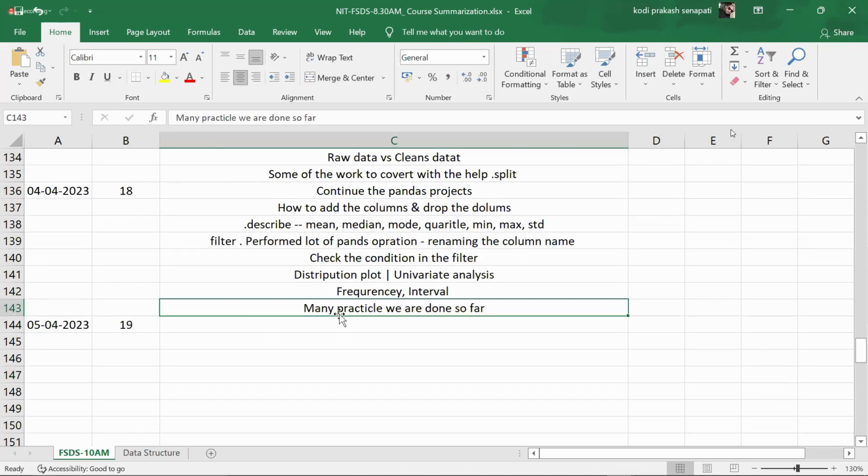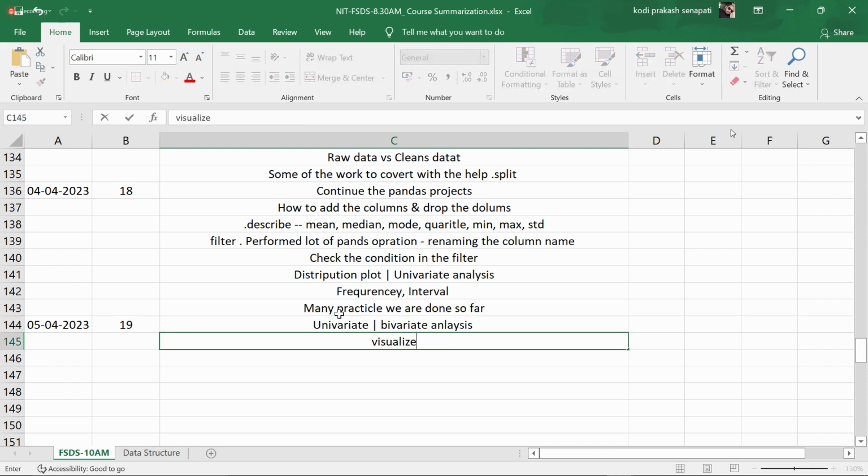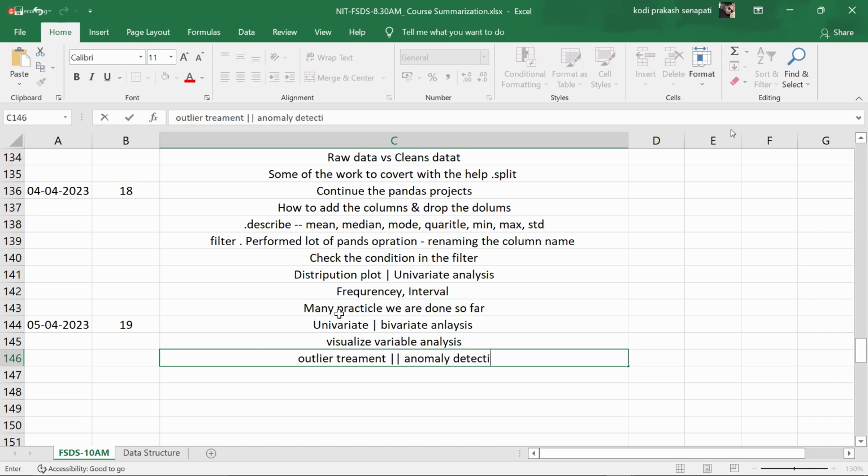In the 19th, what we have done: we understood univariate and bivariate analysis, and also we visualized the variable analysis part, right? Yes. And then we talked about outlier treatment, which is also called anomaly detection.